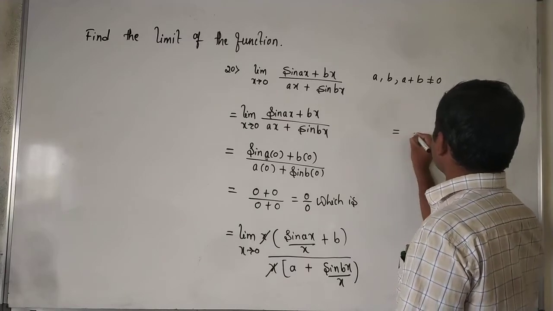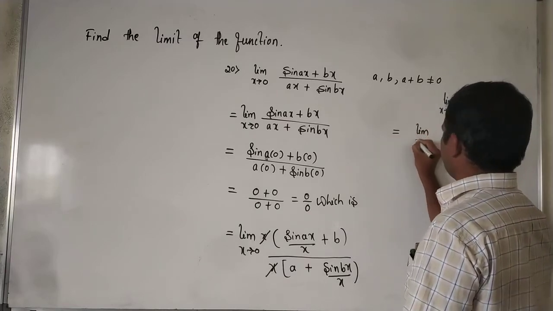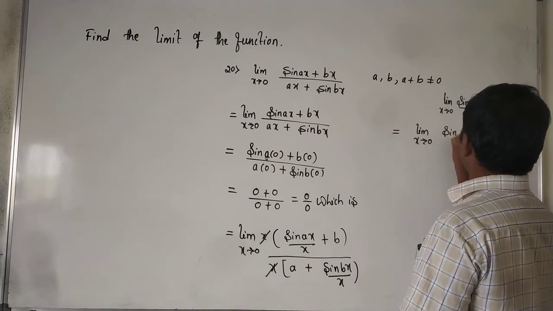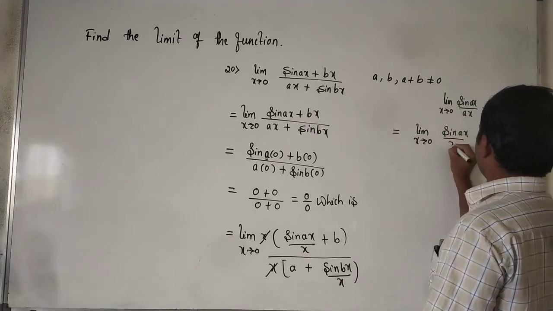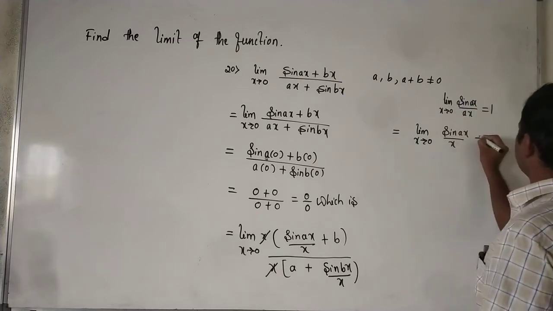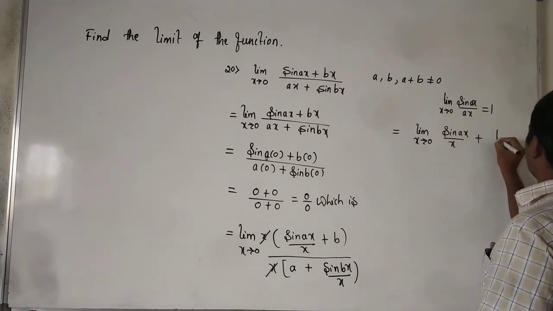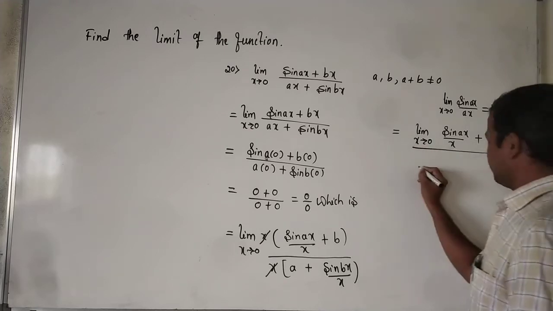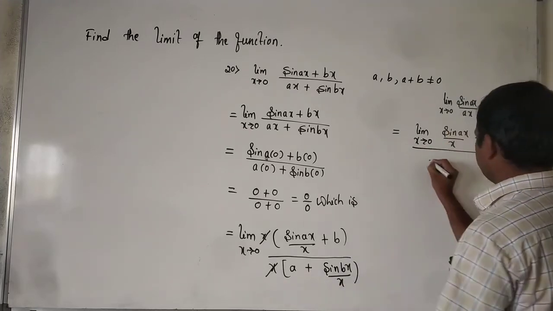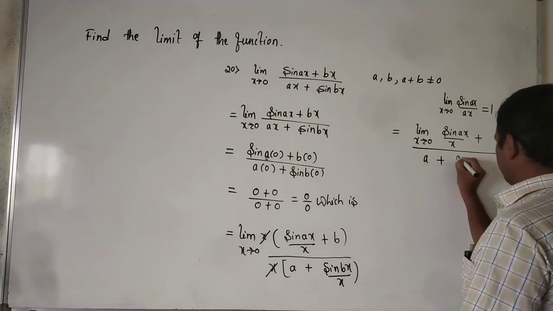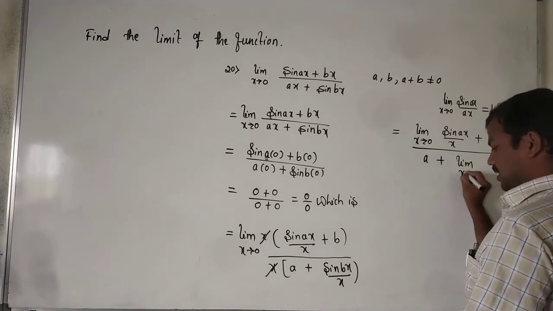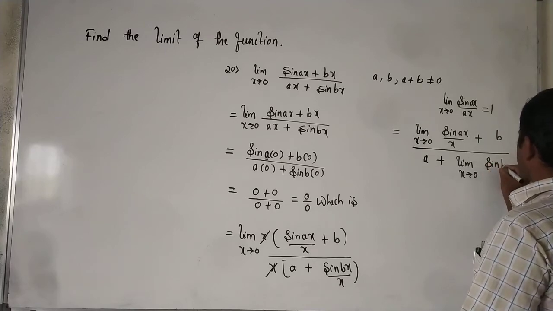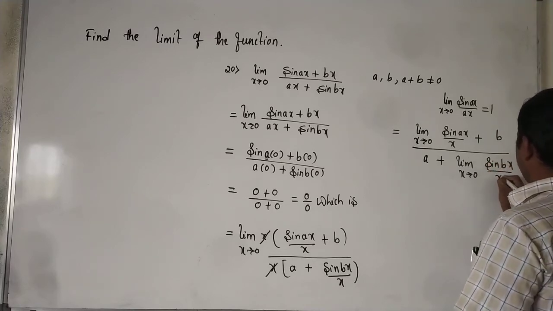So the limit as x tends to 0 of sin ax divided by x plus the limit of the constant itself, which we already know, divided by the limit of the constant a plus the limit as x tends to 0 of sin bx divided by x.